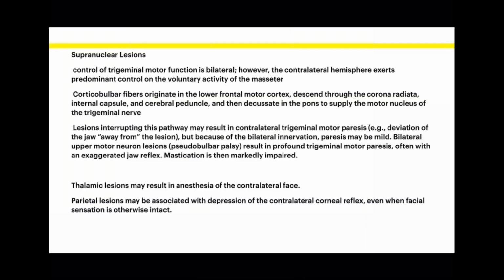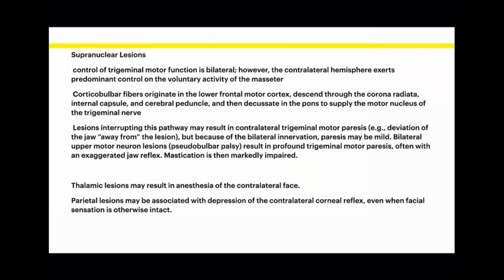Supranuclear, as we mentioned earlier, receives fibers all the way from the corticobulbar fibers, from the frontal motor cortex, descending through the corona radiata, internal capsule, and cerebral peduncle. So any lesion interrupting this pathway, and this is very common, like we see in stroke cases, can interrupt the function of the trigeminal nerve.